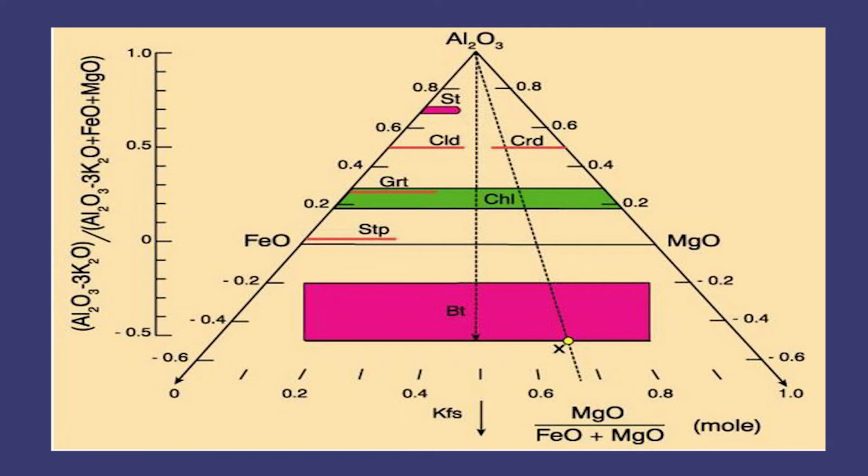The AFM projection which has been described above applies only to the mineral assemblages containing muscovite and quartz as additional phases.